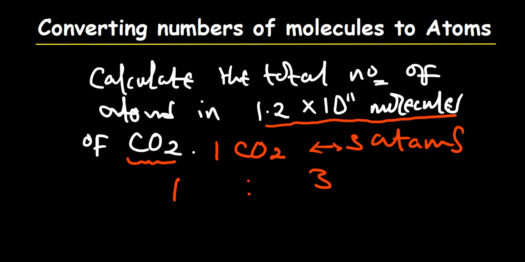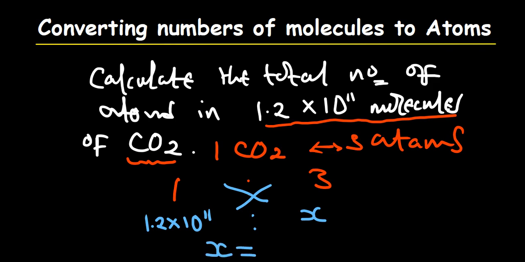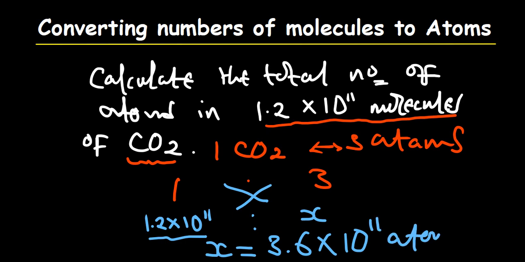What if I have 1.2 multiplied by 10 to the power 11 molecules? How many atoms am I going to have? You cross multiply, so x is equal to this number multiplied by 3. It's going to give me 3.6 multiplied by 10 to the power 11 atoms. So that's how we can convert simply from the number of molecules that we are given to the number of atoms. And then we can also do the same.